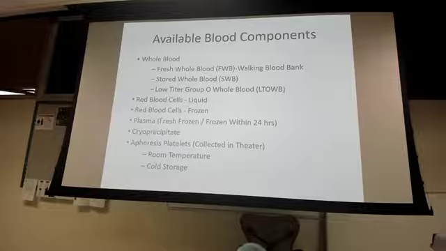You don't usually see that here in the United States. I know Korea had a very big inventory at the blood support detachment on Camp Humphreys, so not so much here in the States. And then plasma, which consists of fresh frozen plasma. Then we have cryoprecipitate that comes off of the FFP, and then we have apheresis platelets, so we have room temperature and cold storage platelets.